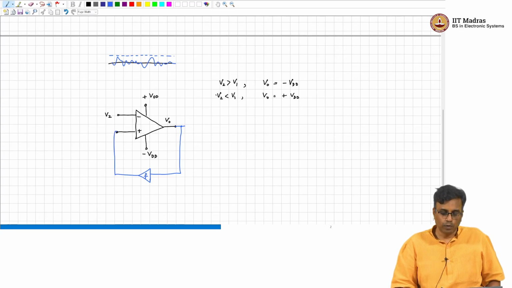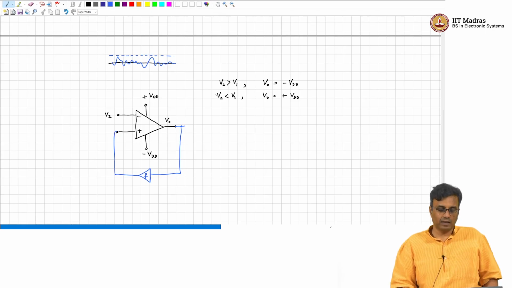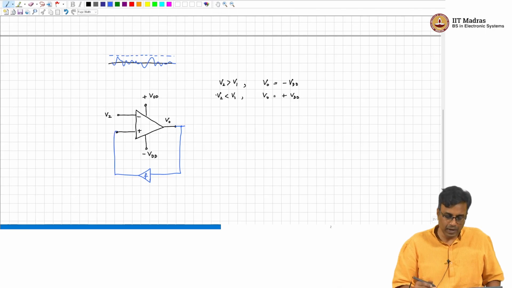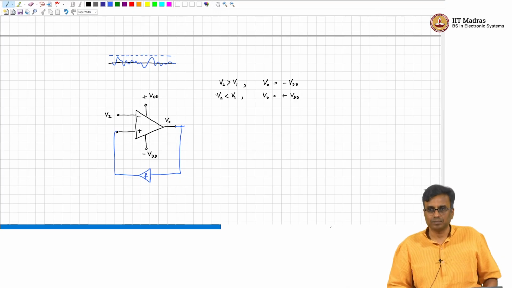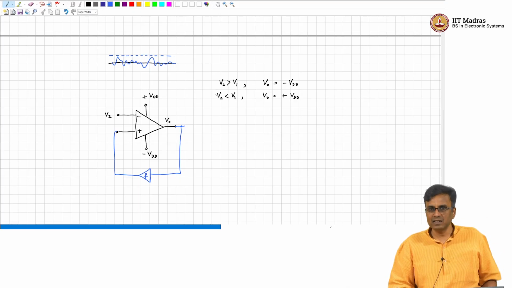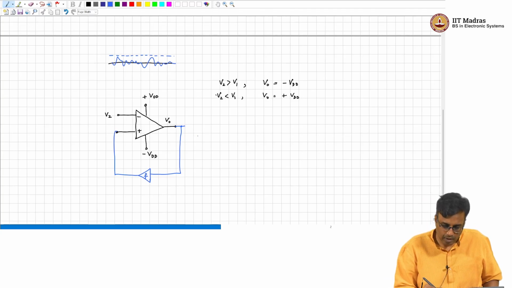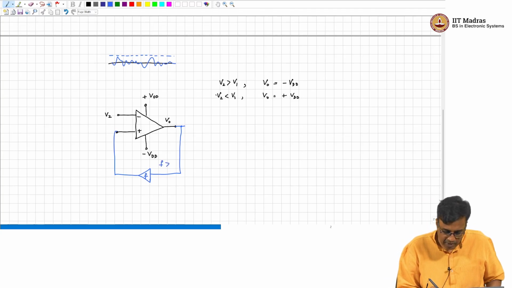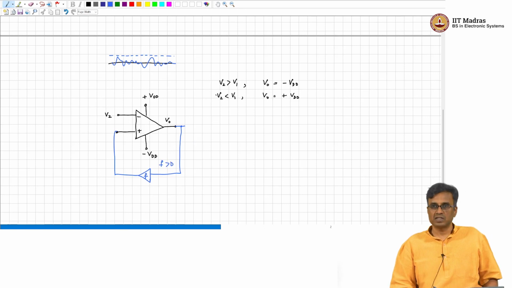In this case the input V2 is being compared against a fraction of the output, which is either plus VDD or minus VDD. So, just make note that f is greater than 0. This is clearly positive feedback, correct.